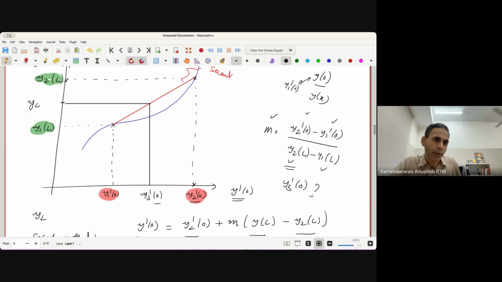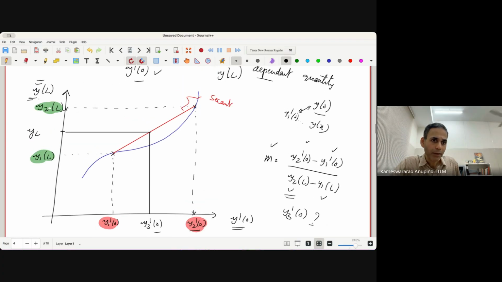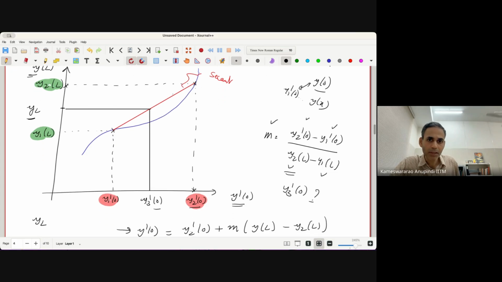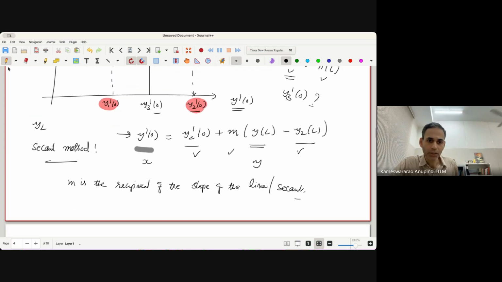I'm going to substitute y of L equals y sub L in the equation for the secant. That means in this equation, I'm going to substitute y sub L for y of L. That is going to give me y3 prime 0 from here. Okay, that means I go to this equation.